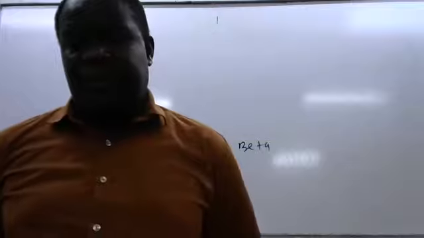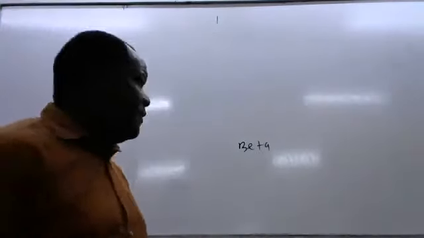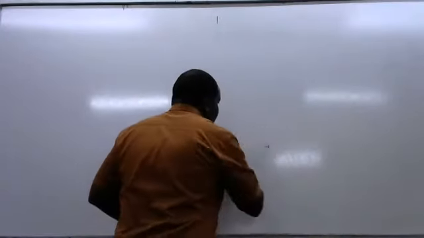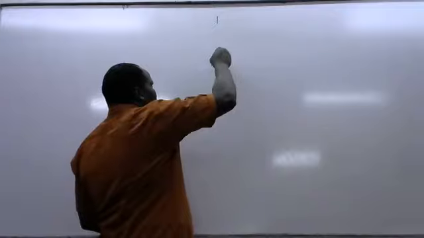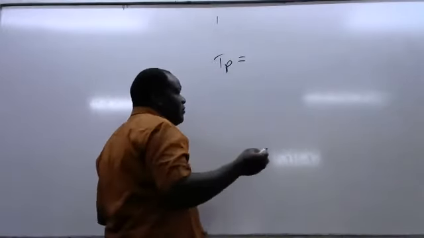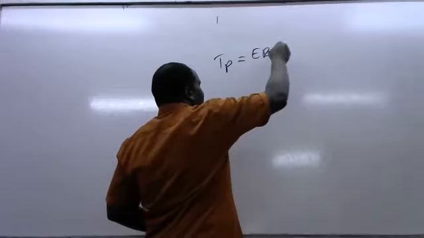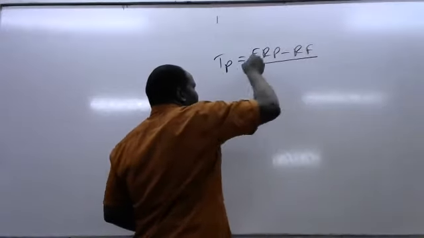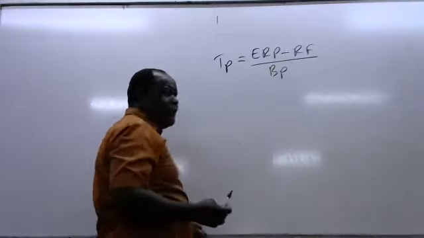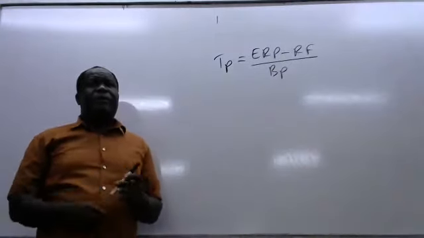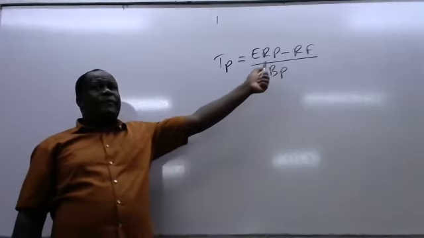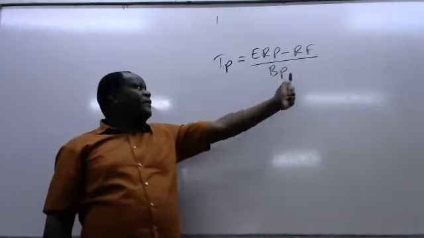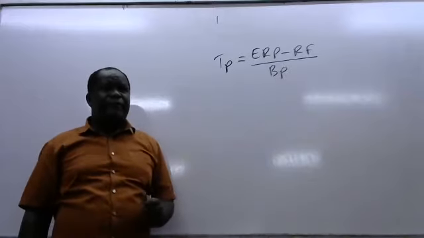It is expressed as follows. The Treynor of the portfolio will be equal to expected return of the portfolio minus the risk-free rate, and we divide by the beta factor of the portfolio.